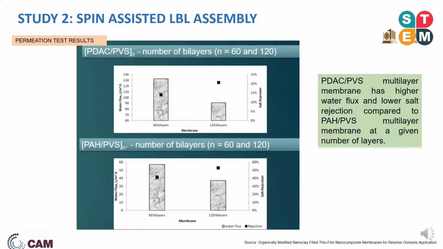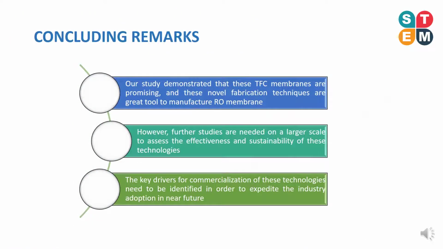But in the case of the weak strong polyelectrolyte combination, both 60 and 120 bilayer depositions show a very good water flux as well as salt rejection improvement. Hence, it is very clear from this study that the spin assisted layer by layer deposition technique can improve the water flux and salt rejection properties of thin film membranes.